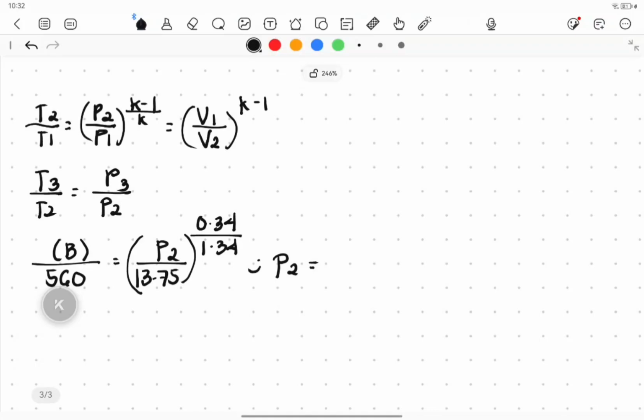So it must be greater than P1. P2 must be greater than P1. So I get my answer is 118.8290169 psi.